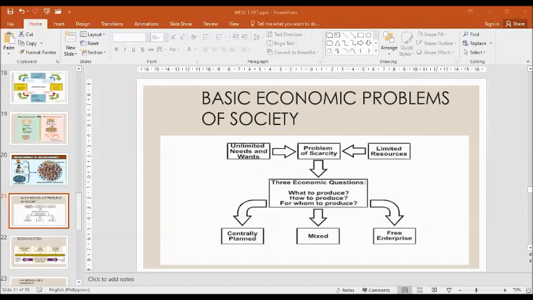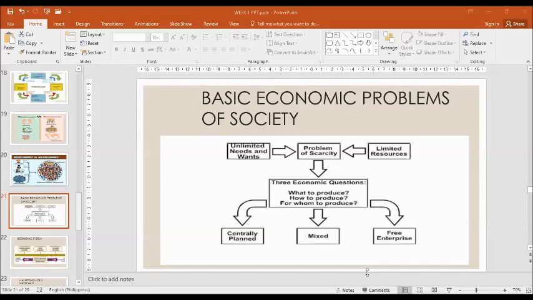And then the number four basic question is what provision should be made for economic growth? So I will add, what provision should be made for economic growth? Can a society use all its resources for current consumption?